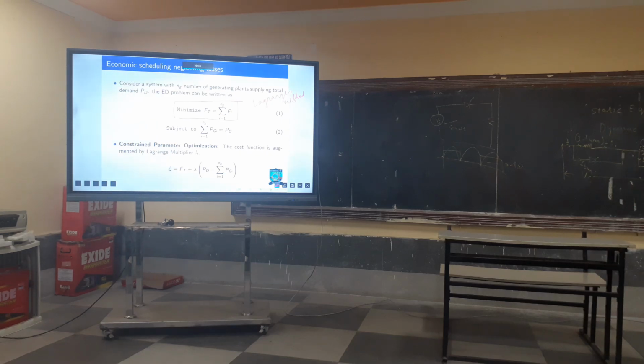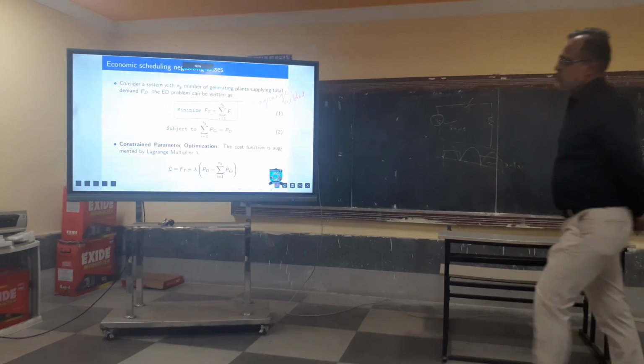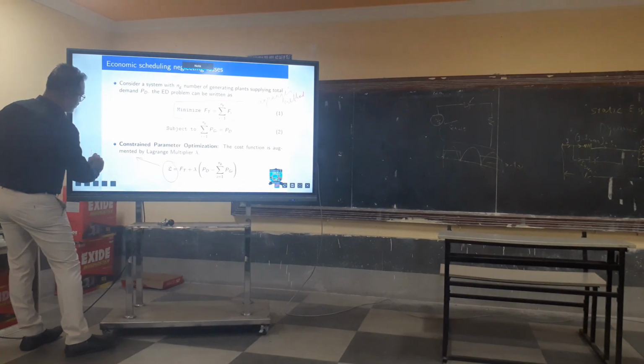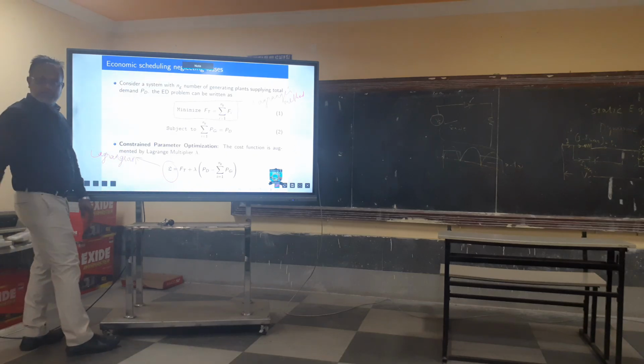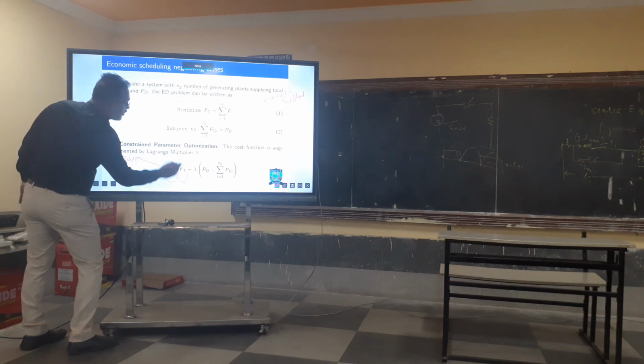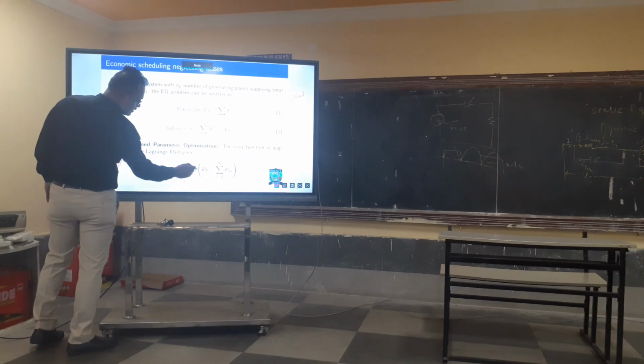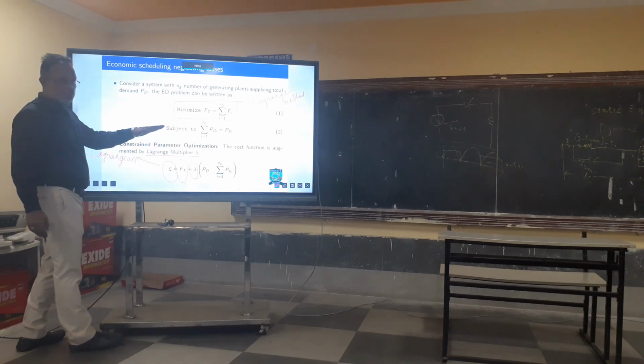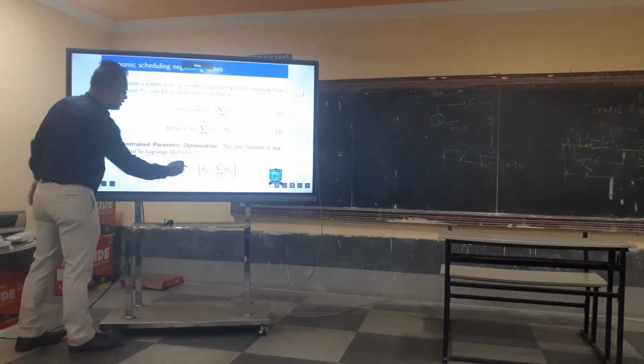Now what is the method of solving it? The method is known as Lagrange method or constrained parameter optimization. What we do, we form something known as a Lagrangian, which is simply the objective function Ft plus one parameter lambda, known as the Lagrange multiplier, into the constraint.